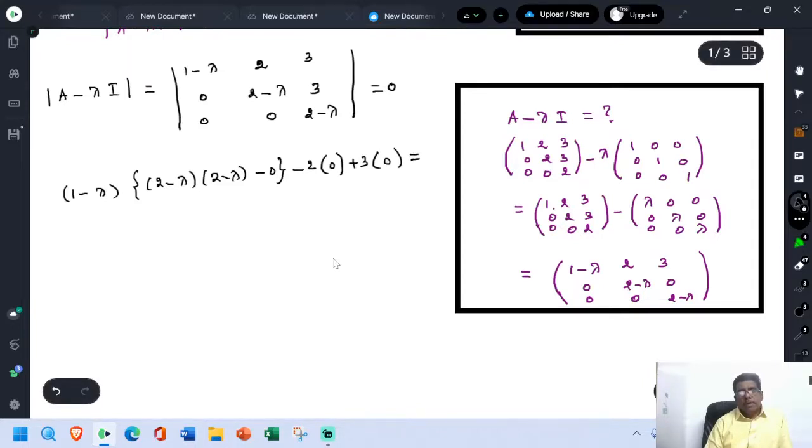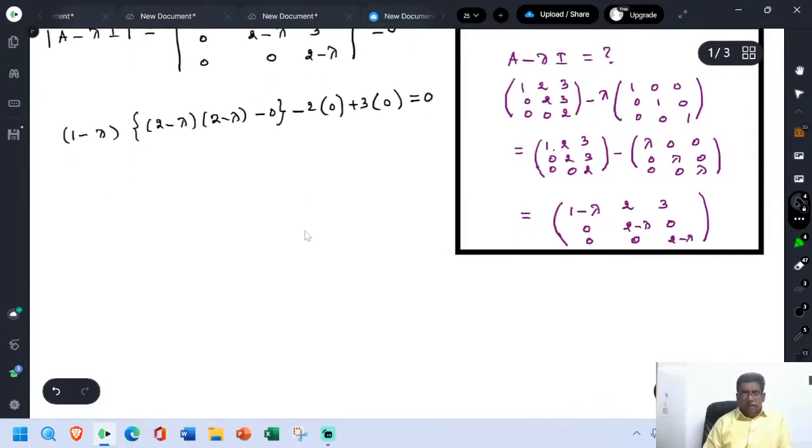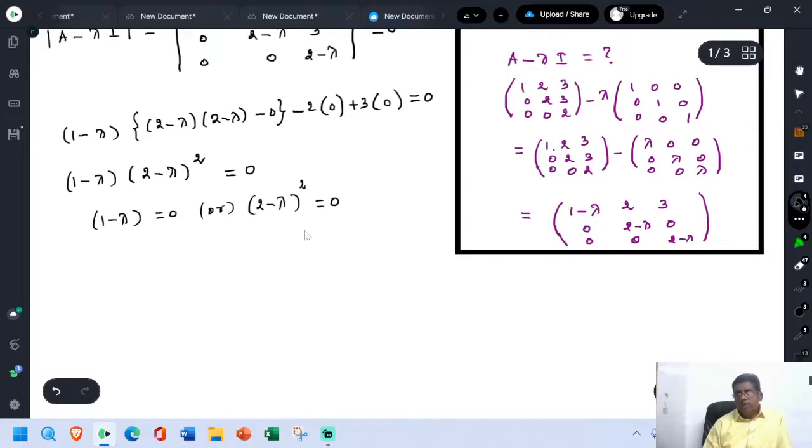The entire expression should equal 0 because the determinant of A minus lambda I equals 0. If you simplify this, we get (1 minus lambda)(2 minus lambda) whole square equal to 0. In this equation, either 1 minus lambda equals 0 or (2 minus lambda) whole square equals 0.